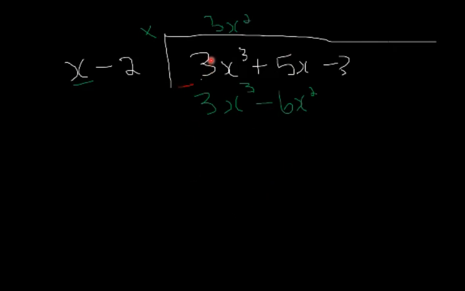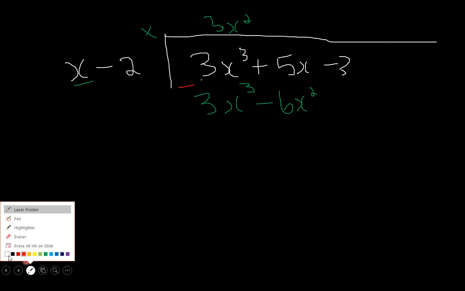So you say 3x cubed minus 3x cubed, okay, that's 0. 5x, 6x squared. They are not like terms. Therefore, I cannot subtract them.